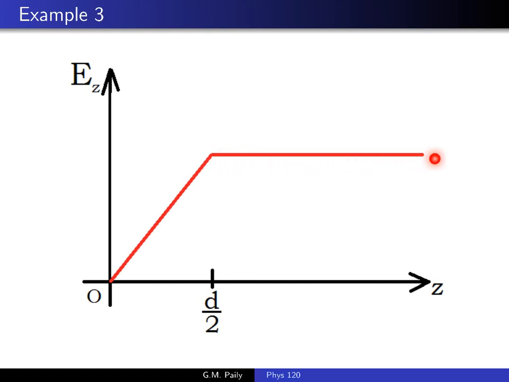And once we go outside the sheet, we find that the field is constant, which is not surprising since this is basically a combination of several infinite sheets of charge, and we know that for an infinite thin sheet of charge, the field is constant. By layering a few of them together, the field still remains constant.